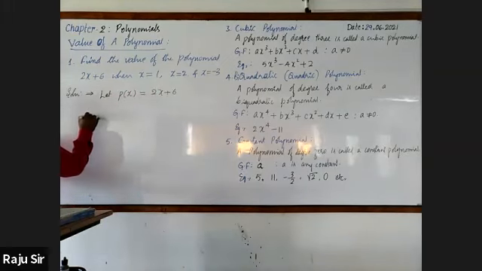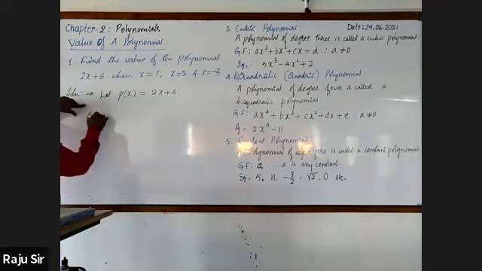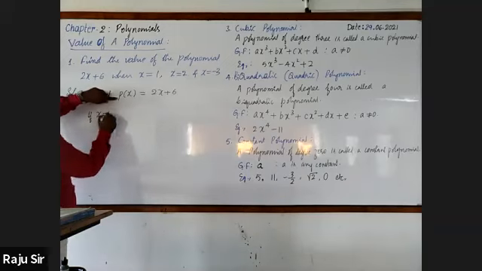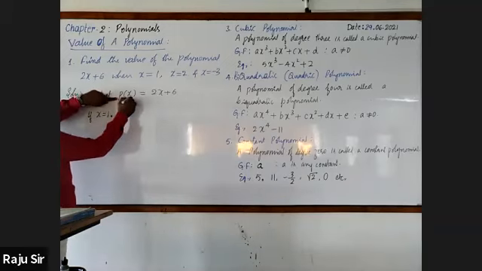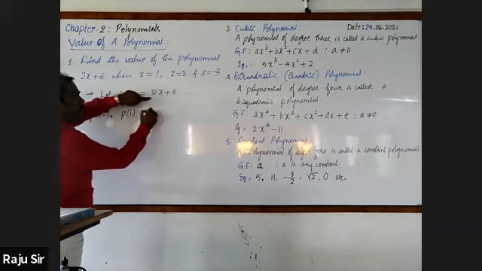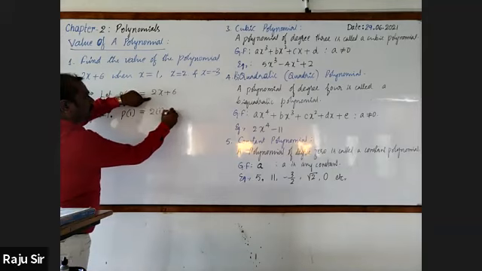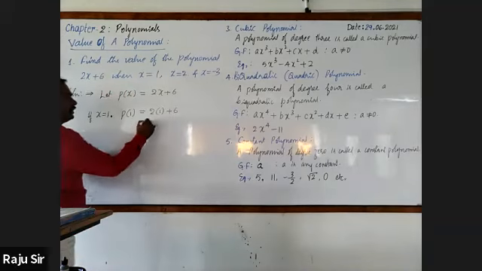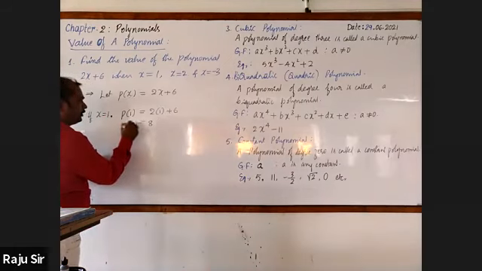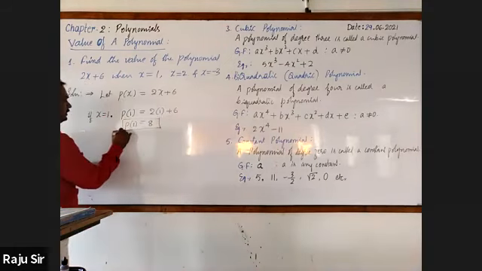Now you write. If x is equal to 1, let us come to know what is the value of the polynomial. Substitute 1 in place of x. P of 1 is equal to 2 into 1 plus 6. 2 ones are 2, plus 6, 8. Therefore, P of 1 is 8.